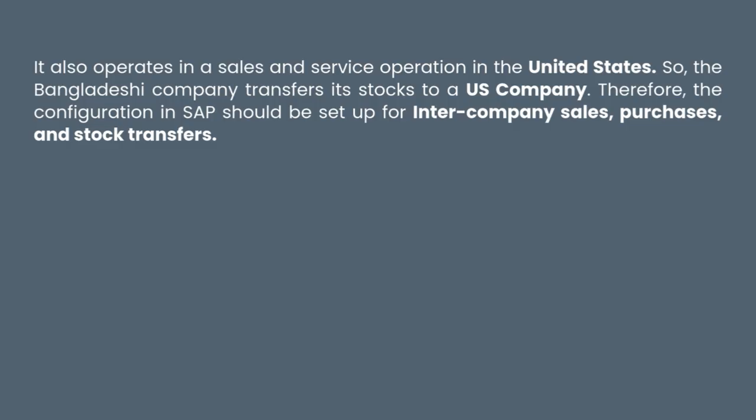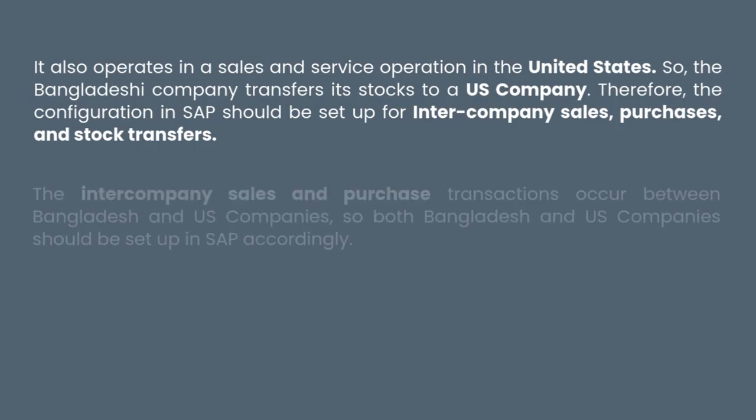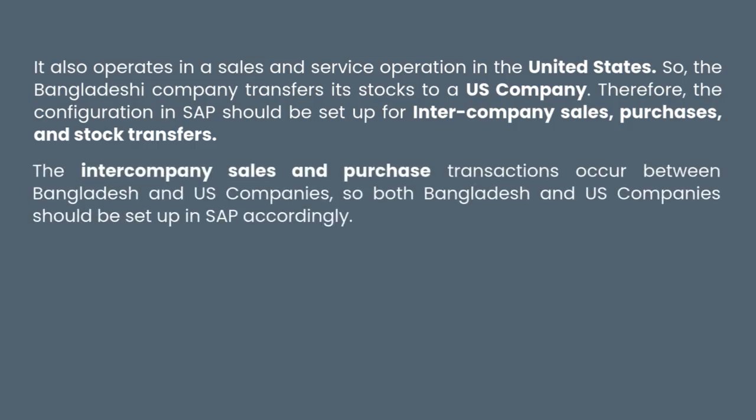So, the Bangladeshi company transfers its stocks to a U.S. company. Therefore, the configuration in SAP should be set up for intercompany sales, purchases, and stock transfers. The intercompany sales and purchase transactions occur between Bangladesh and U.S. companies, so both Bangladesh and U.S. companies should be set up in SAP accordingly.